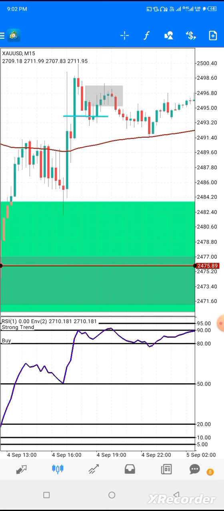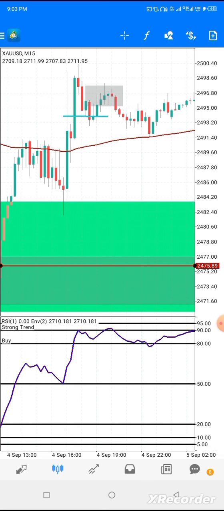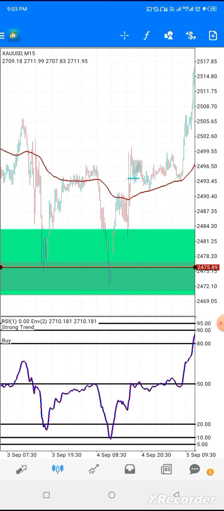So what you do is wait for an engulfing around this point. And if you don't see an engulfing, wait to see recurring candles, something like this here, recurring on top of the moving average. And once you see that, you have confirmed that the trend is about to change.